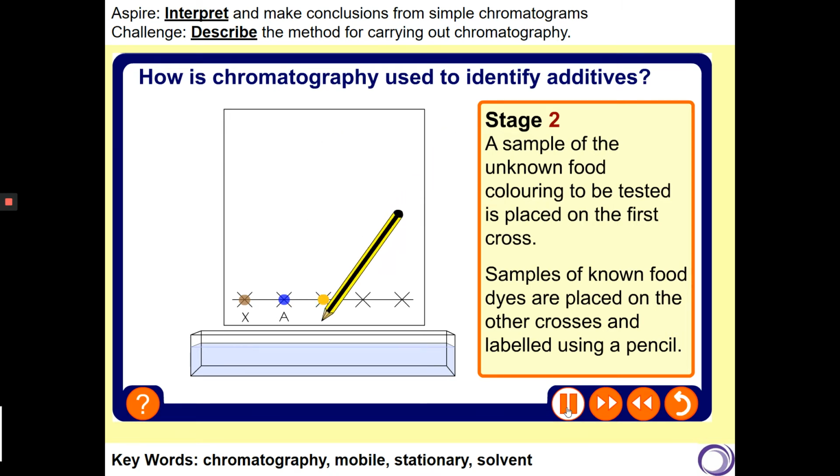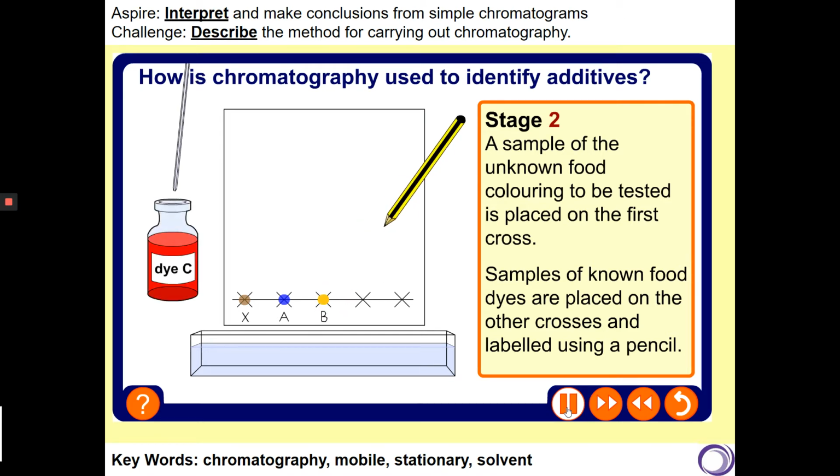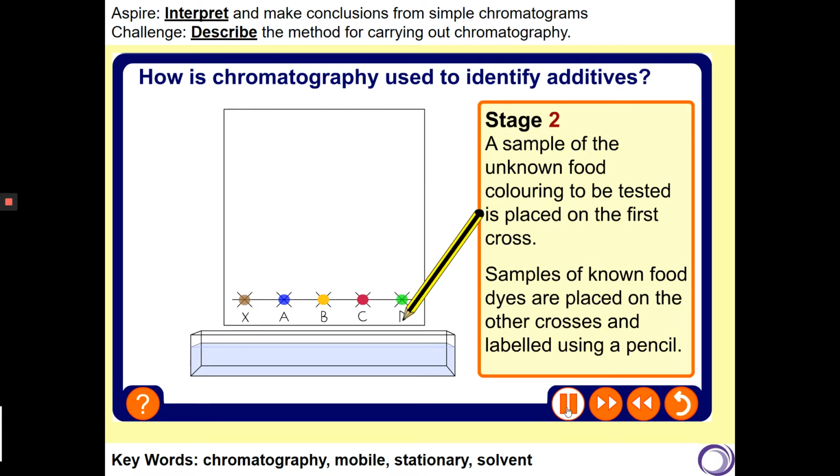This example is using food dyes, and we know what food dyes A, B, C and D are. The purpose of this is to find out which of the dyes A, B and C are contained in X.